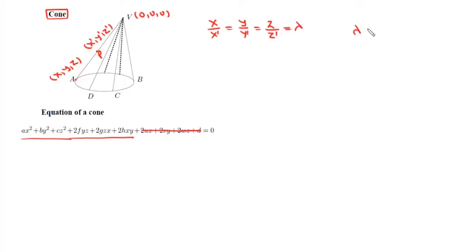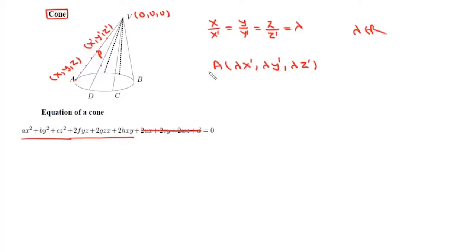Now here lambda belongs to R, because as lambda varies, we'll have infinite points on the surface of this cone. Now this point A, we can write as lambda x', lambda y' and lambda z'.